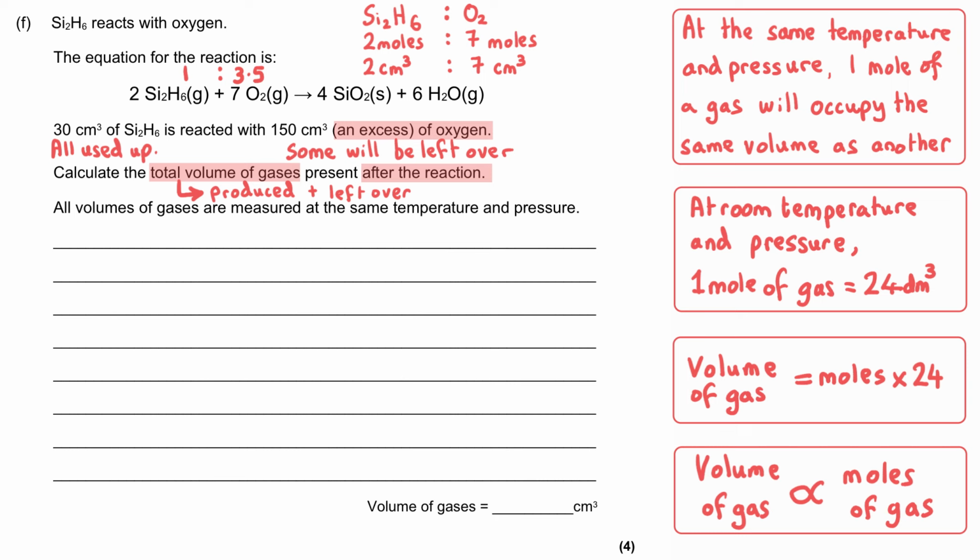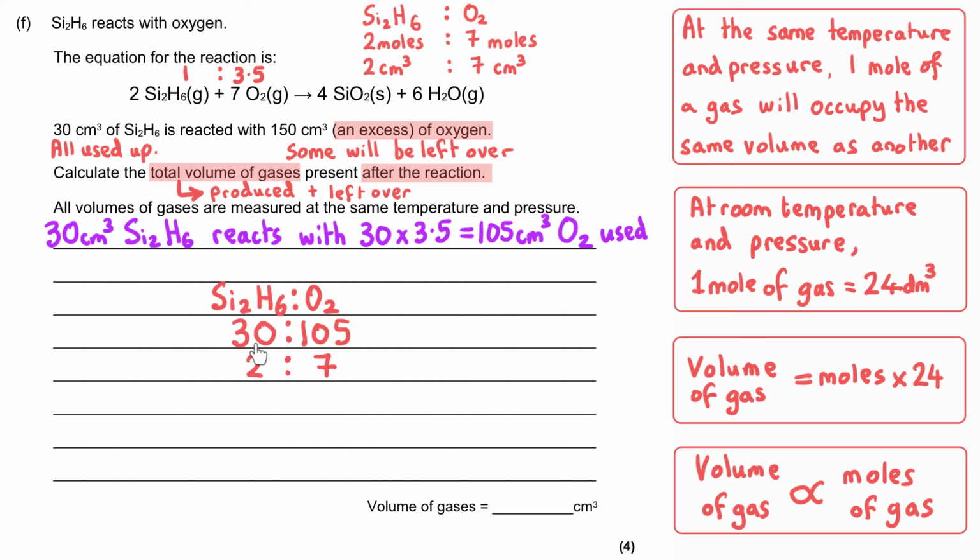And we've been told we've got 30 cm cubed of Si2H6, and so it will react with some of the oxygen, and we can work out how much by multiplying the volume of Si2H6 by 3.5, and this gets us 105 cm cubed of oxygen used. And the ratio of volumes, 30 to 105, is the same as the ratio from the equation, 2 to 7, just scaled up 15 times.